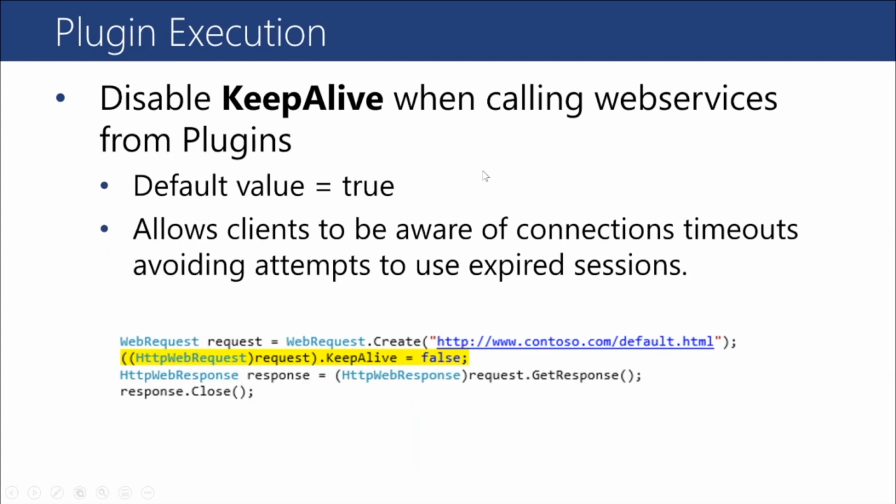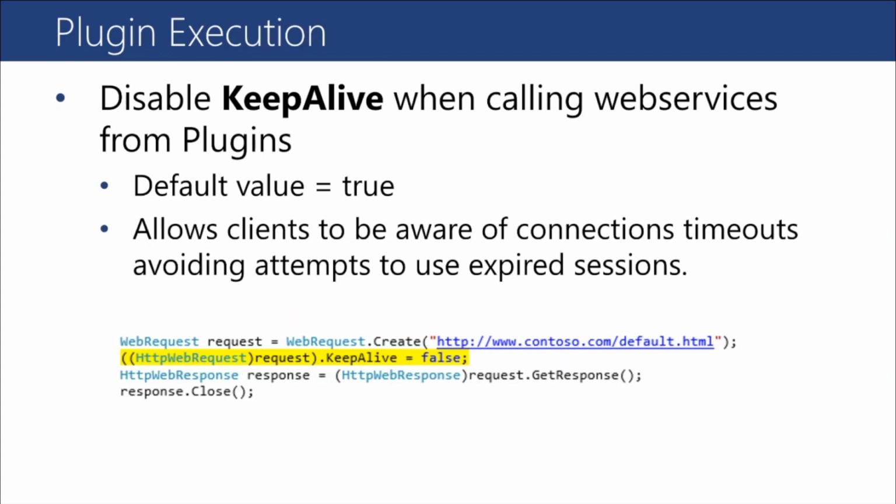So the next important, I would rather say very important, best practice we're going to talk about is keep alive. If a plugin makes an external web request and is trying to use keep alive on a closed connection, the plugin will ultimately fail to execute the web request.